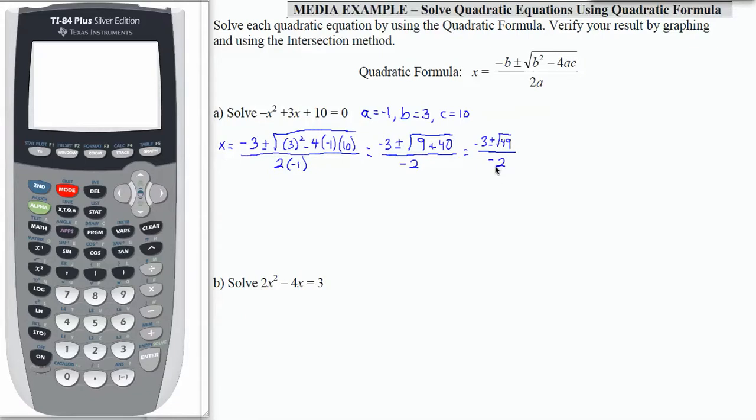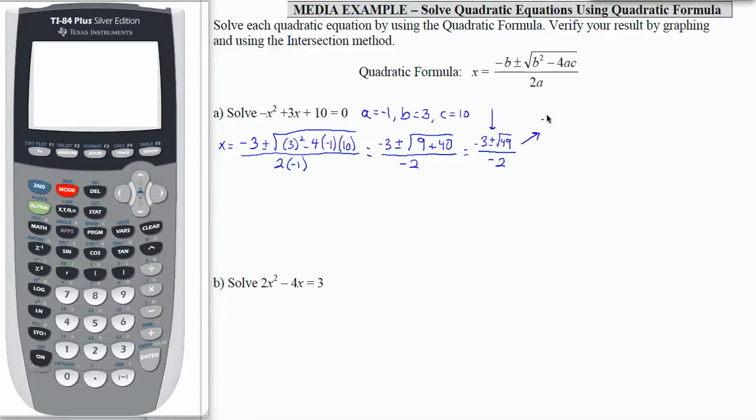Now I'm going to split that into two pieces around the plus or minus, because remember with quadratics we usually have two solutions. In fact, we always have two solutions. They're not always real number solutions, but we will always have two solutions to a quadratic equation. So I'm going to use this notation here.